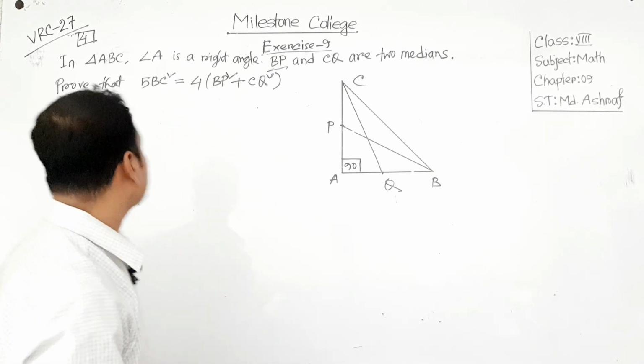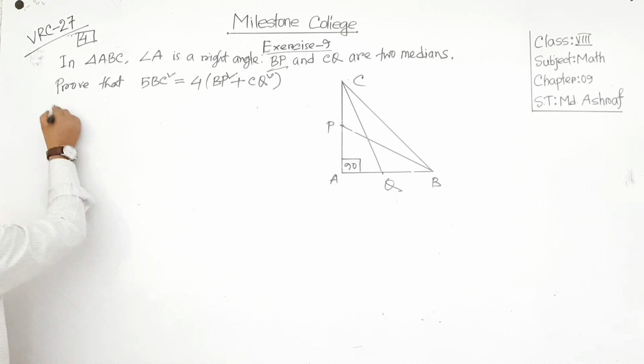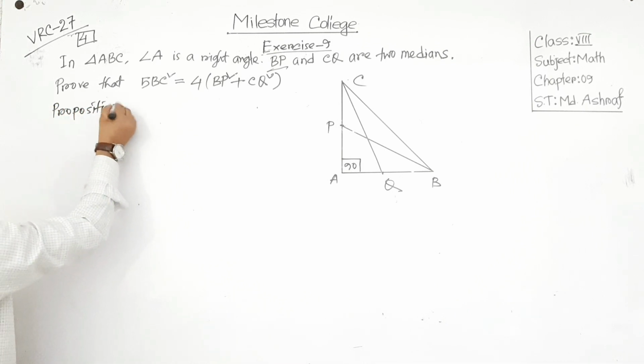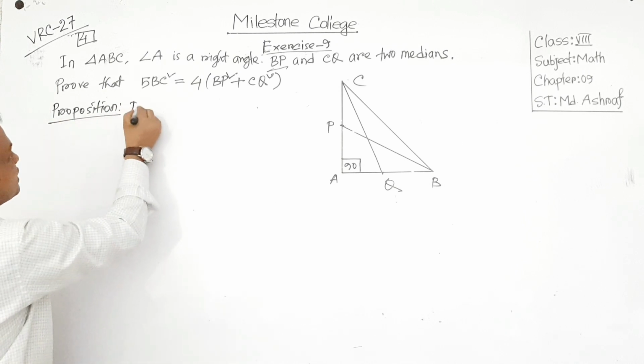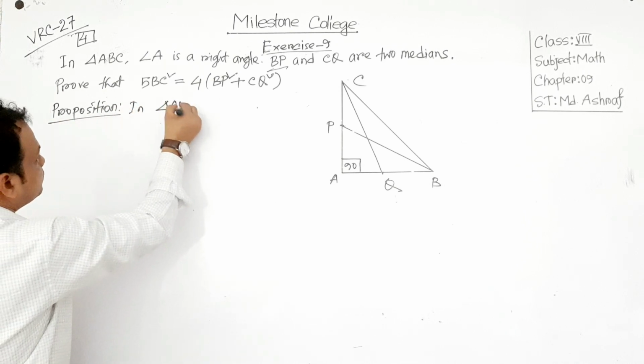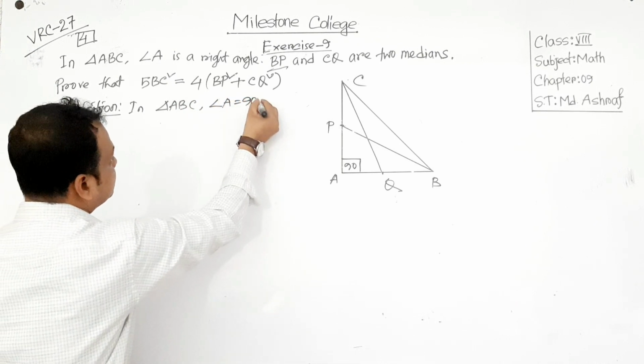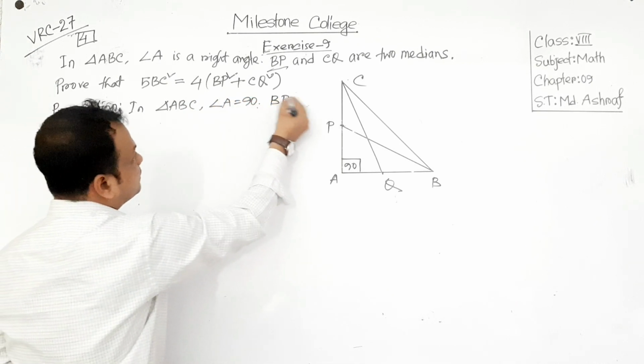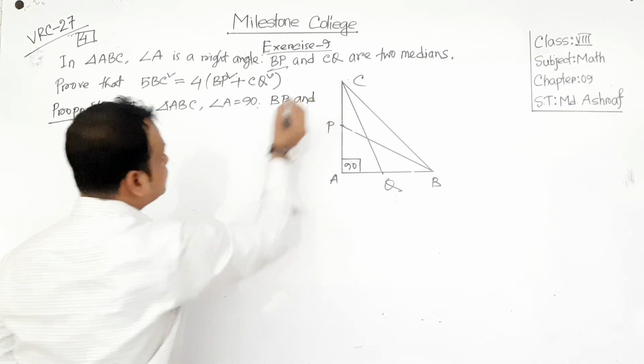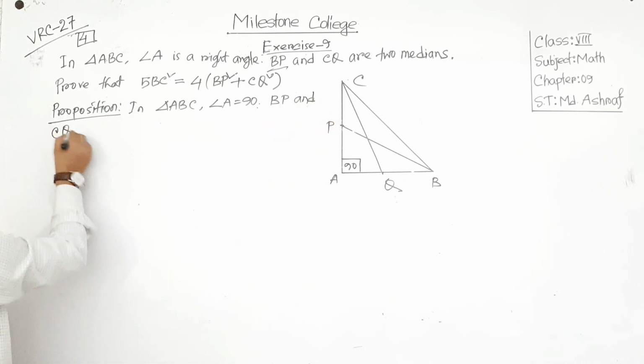Now start writing the proposition. In triangle ABC, angle A equals 90 degrees, BP and CQ are two medians.